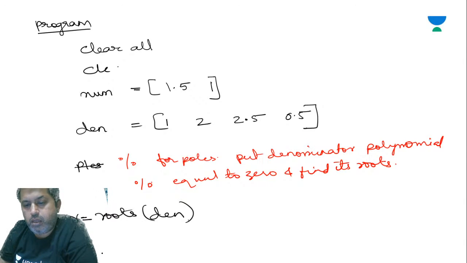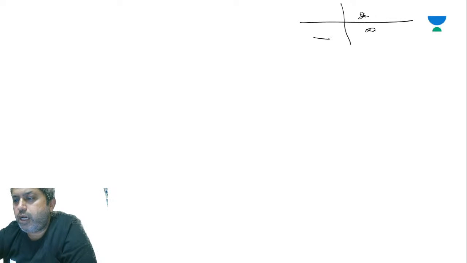Tell me, after finding our roots, how to display whether the system is stable. See here, if roots are in the left side of the S plane, this is the right side, left side of the S plane. This is sigma, j omega, minus j omega.